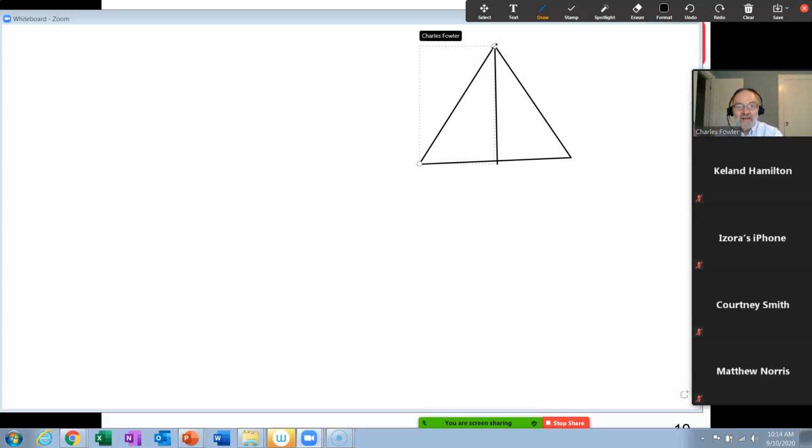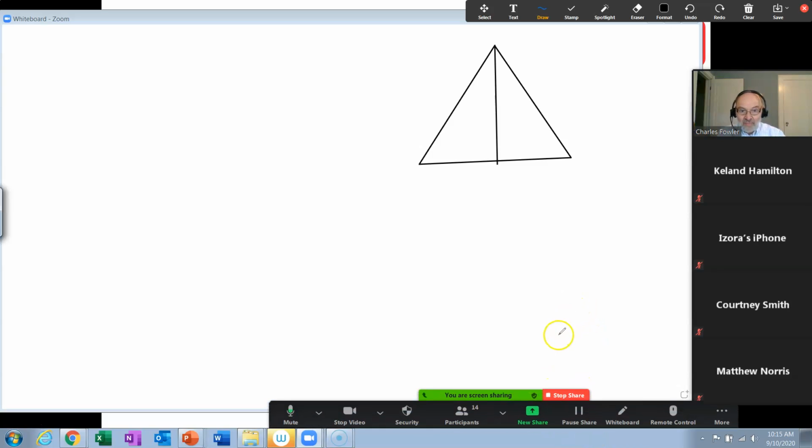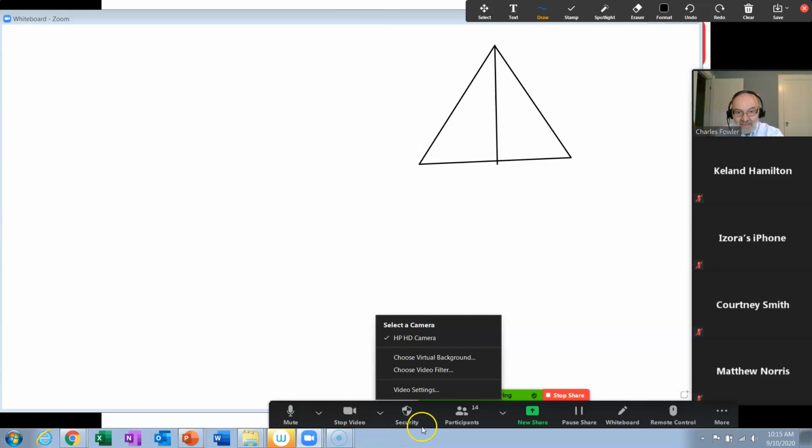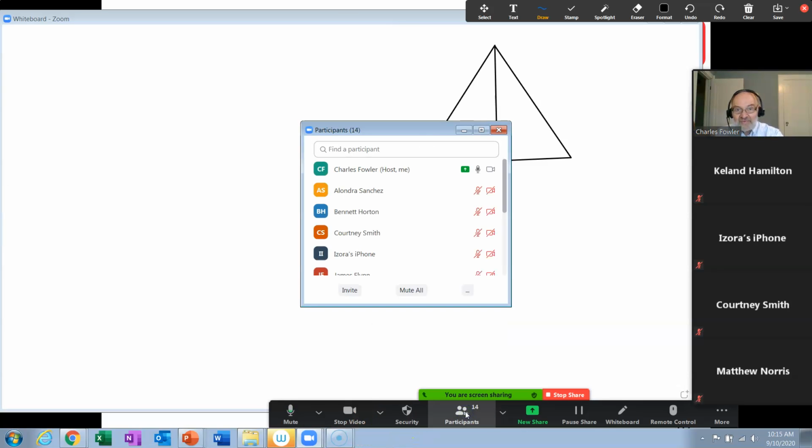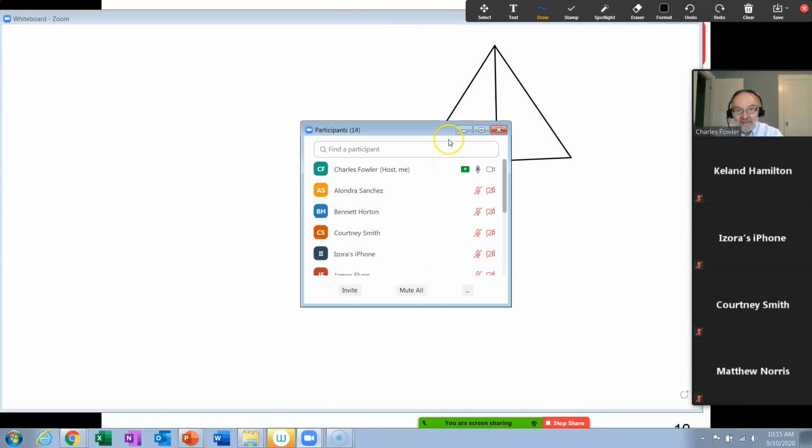Okay. Now, what the attempt here is to have each one of these angles be 60 degrees. If I can find my, oh, wait. I don't think anyone else is coming in, but let me check. No. Okay.